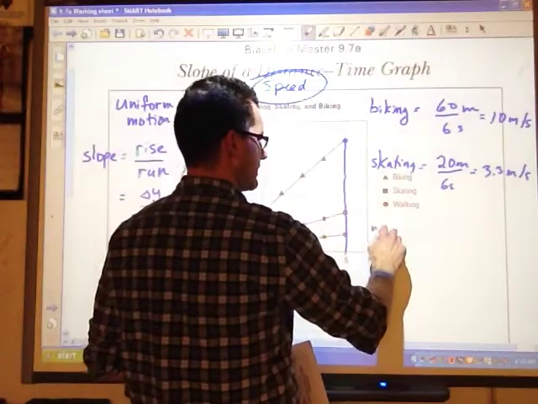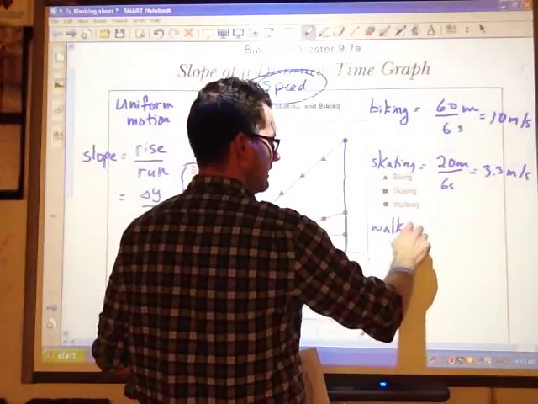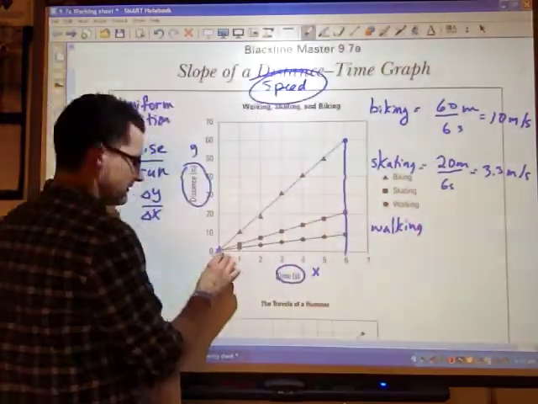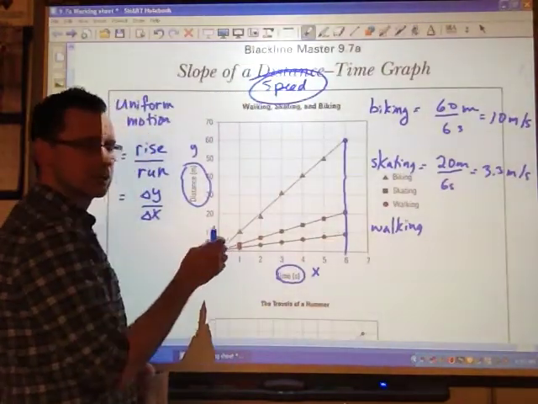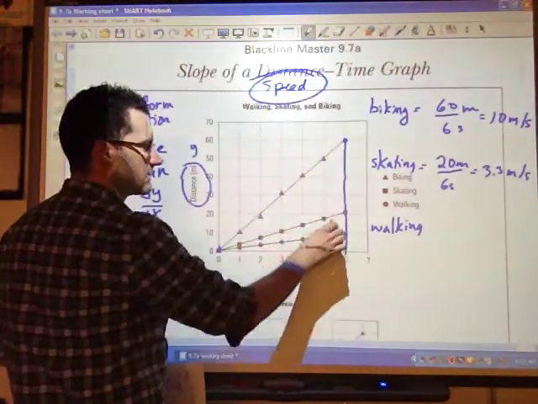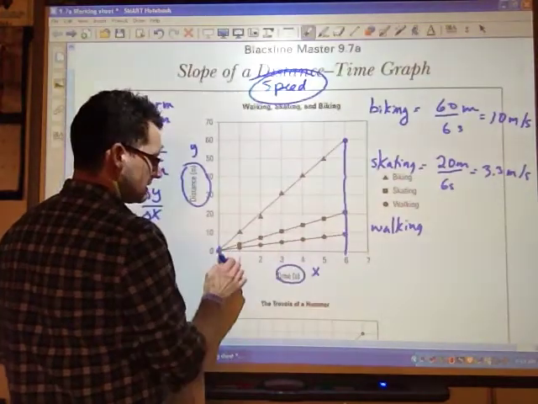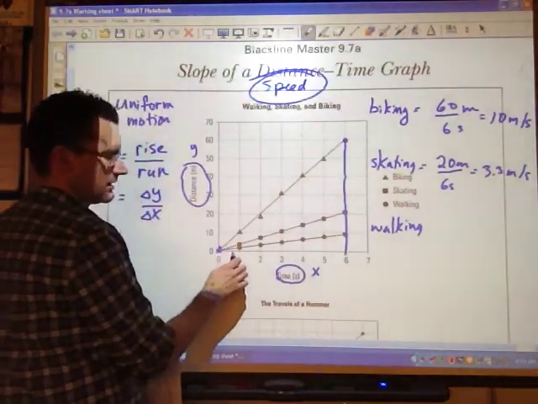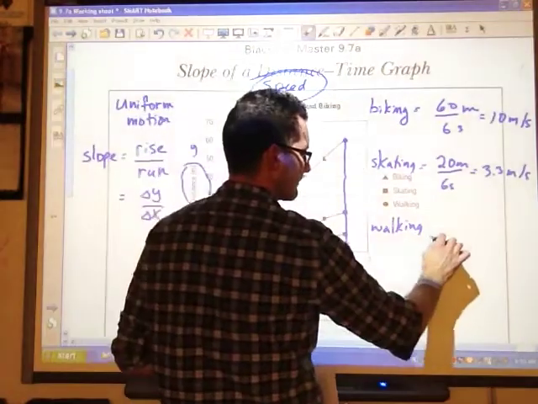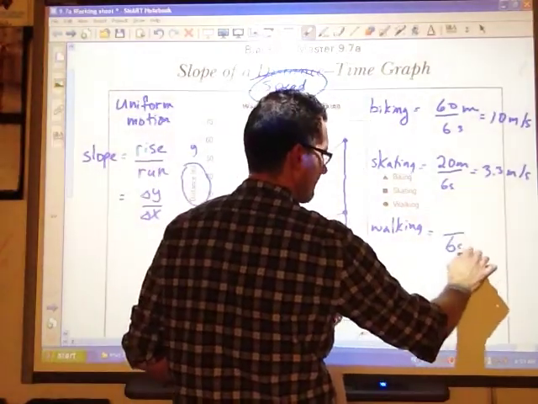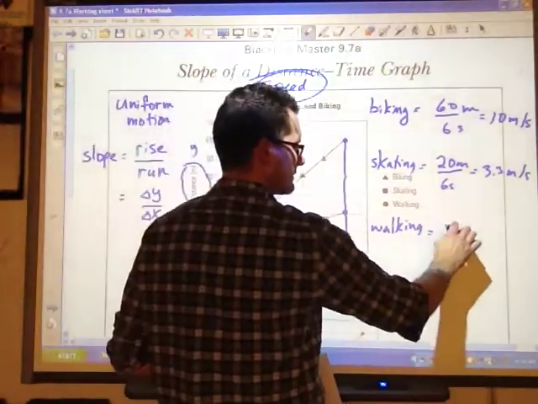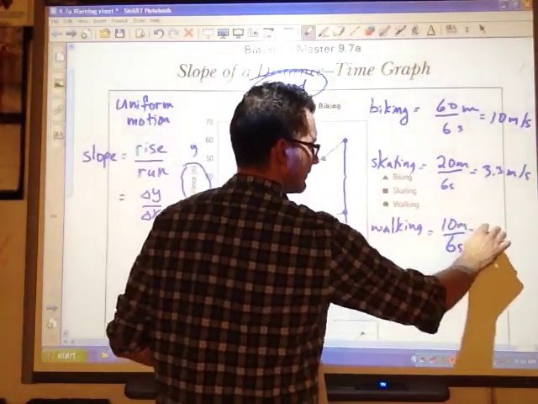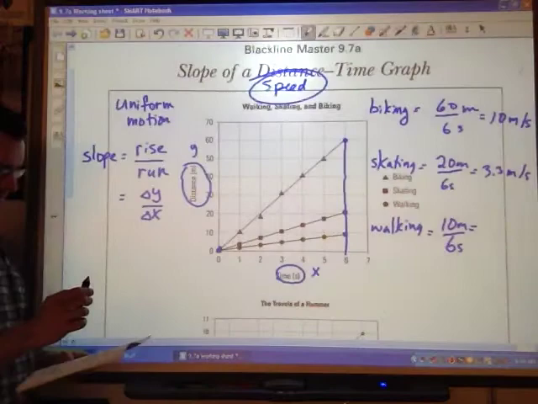Lastly, looking at walking, if I pick this point, and in all of these cases I just picked the first point, 0, 0, and the last point to make it really easy to count. So here, starting with this point, a run of 6, and a rise of, it's just under 10, but we'll just call it 10 just for simplicity here. So it'll be 10 meters divided by 6 seconds.